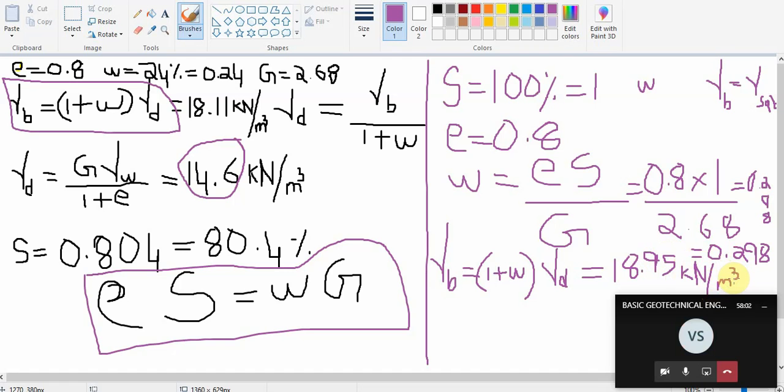So this is the problem. There are nine problems in the PDF. Try to solve them and send me back the photographs.